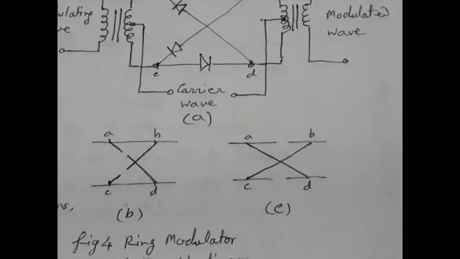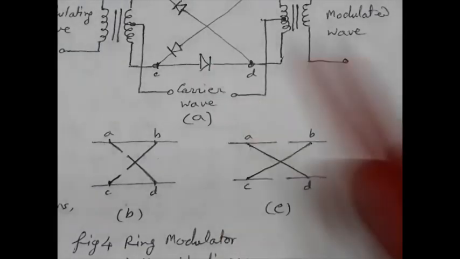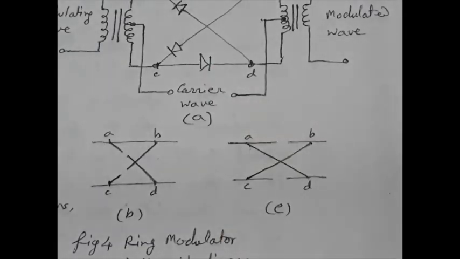That means the diodes are controlled by the square wave carrier of frequency Fc applied through a center tapped transformer that we have already seen. On and off of the diodes are controlled by the square wave carrier.